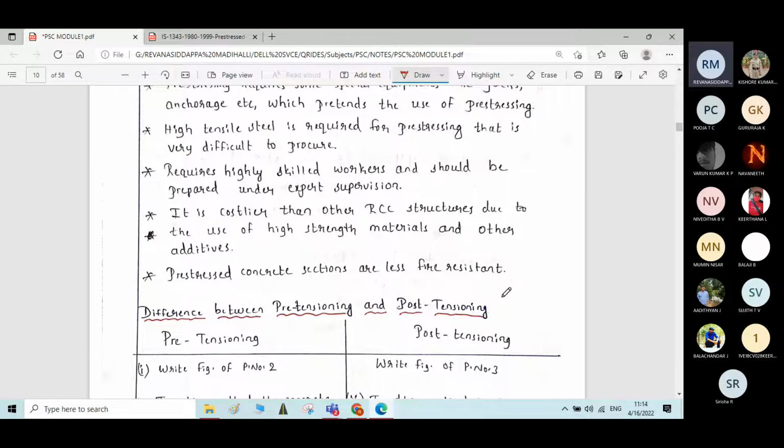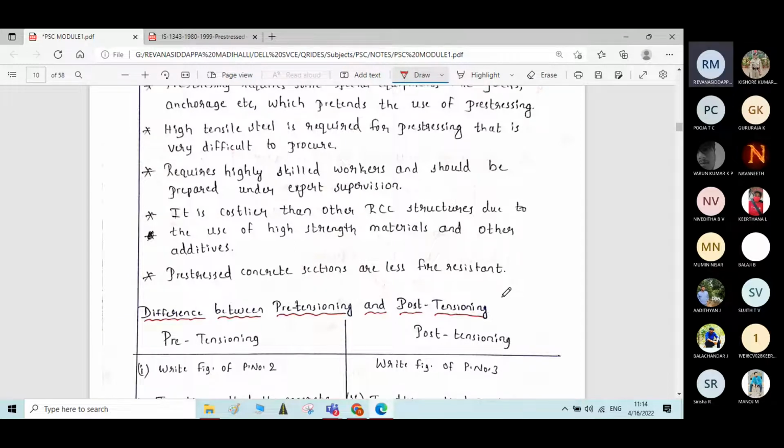Because of the use of additives other than conventional materials, it results in higher cost. Also advanced equipment, jacking devices, and the cost of the tendon is also more. Including all these things, PSC will result in higher cost compared to RCC.